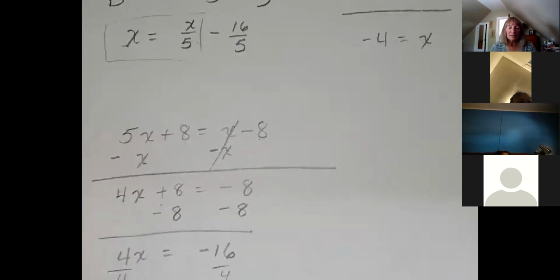It's always a good idea. Get rid of the variables first. It makes the whole thing look easier too. Okay, so let's try another one where we need to get rid of the variables first.